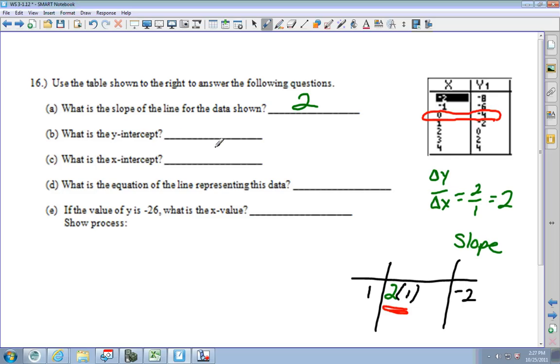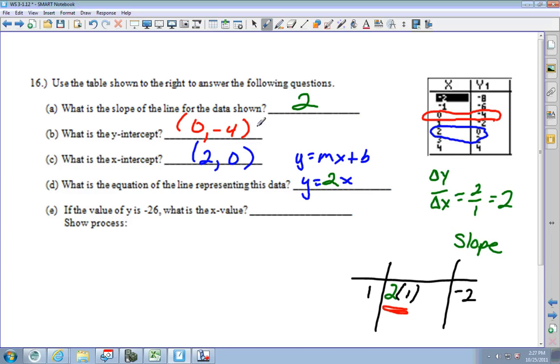Remember, the y-intercept is 0 and a number, so it's 0, negative 4. My x-intercept is in there too. It has where the y number is 0. 2, 0. To write the equation, remember it's y equals mx plus b. Y equals 2x plus b. B is right here, the y-intercept, minus 4.